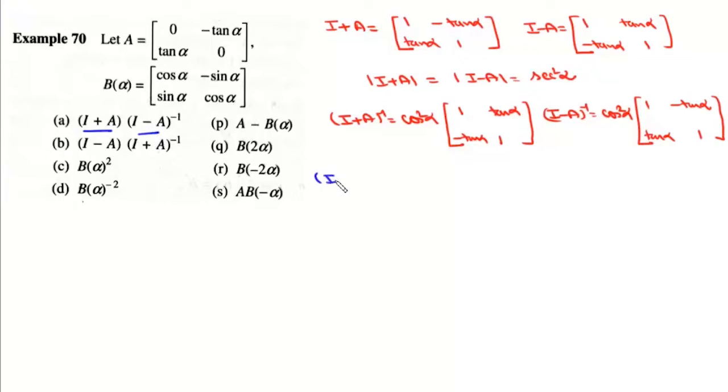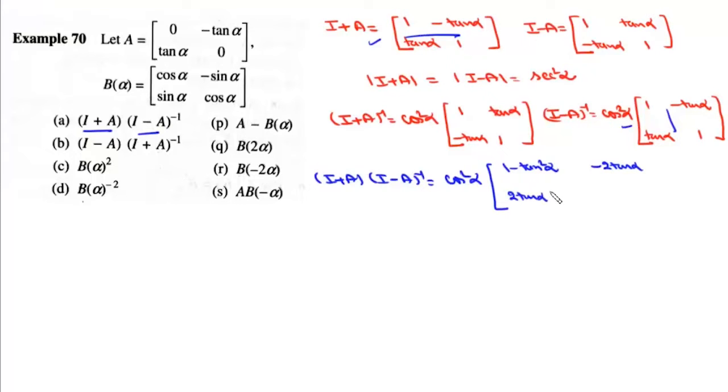So I plus A into I minus A inverse will be, now I plus A is this value and I minus A inverse is this value. So it will be this cos square alpha, and then if we multiply them, it will be 1 minus tan square alpha, minus 2 tan alpha, 2 tan alpha, and 1 minus tan square alpha.